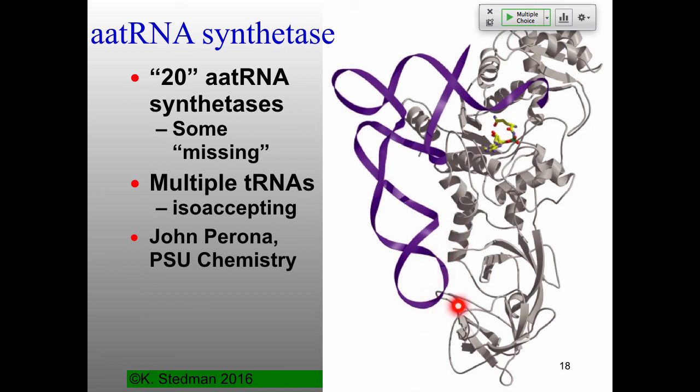They bind down here at the anticodon loop, and then they put the appropriate amino acid onto the 3' end. So this is a very specific interaction between this tRNA, the aminoacyl tRNA synthetase, and putting on this particular amino acid.